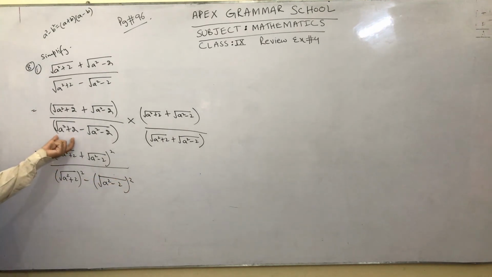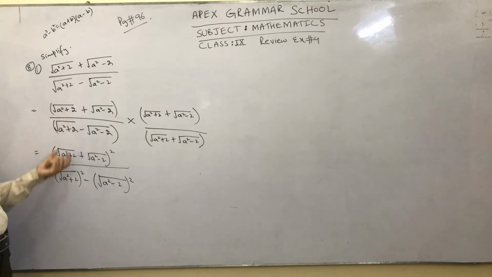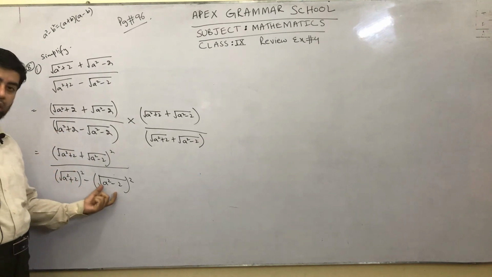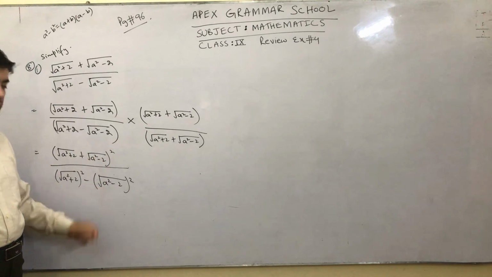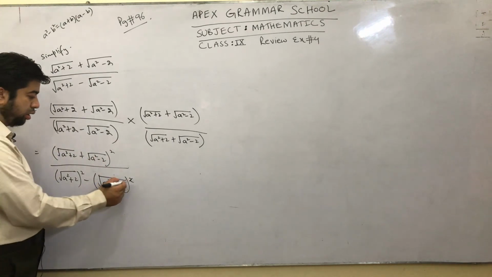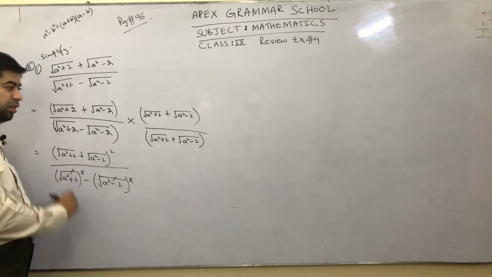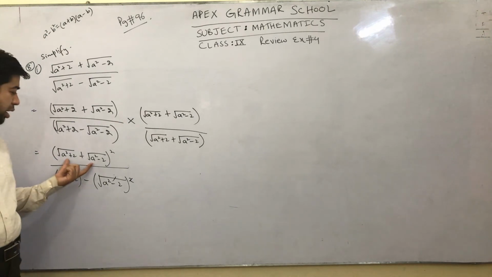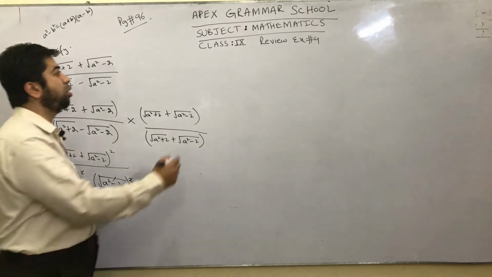Instead of a, we can write square root a square plus 2 whole square minus b square, square root a square minus 2 whole square. This square is cancelled with this square root, this square is cancelled with this square root, and this is a plus b whole square. You very well know about that.